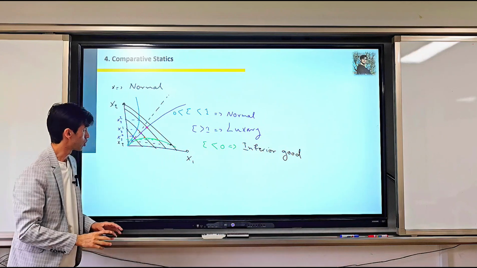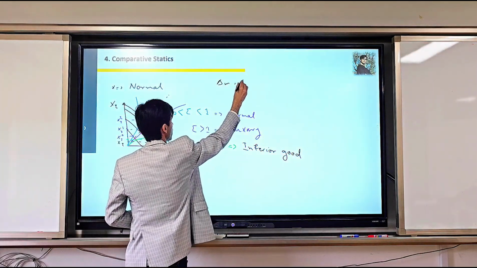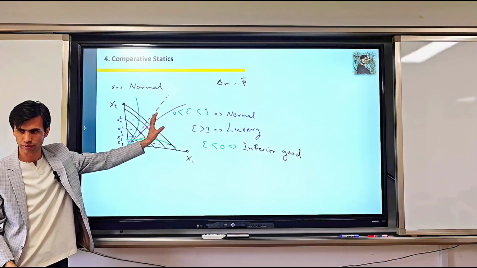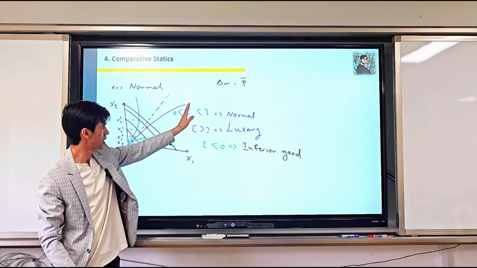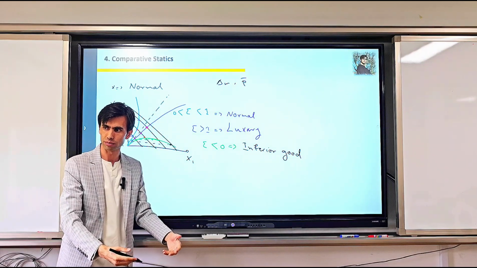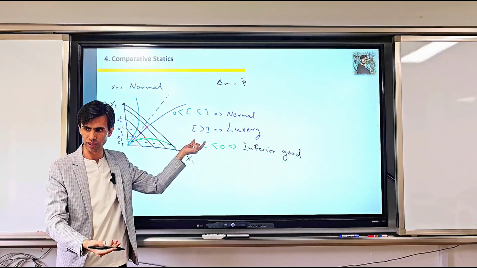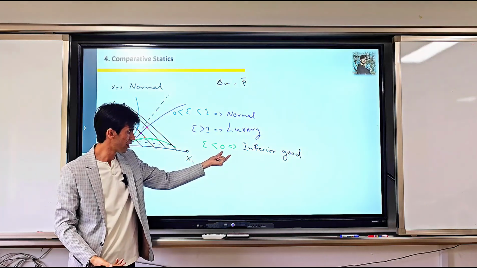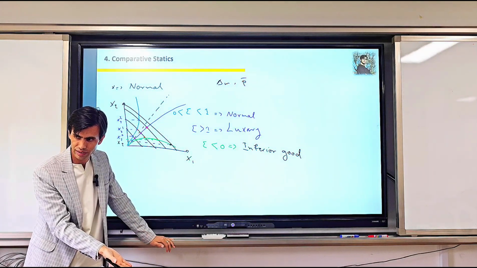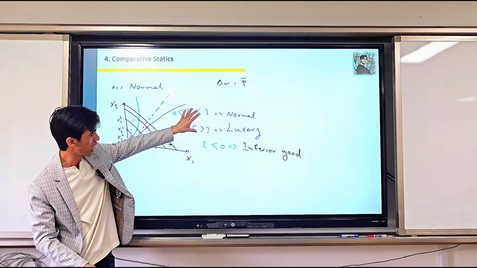So in case of income effect, when the income changes and the price is fixed, different goods have different directions. For the normal good, where the elasticity is less than 1 and greater than 0, the demand increases, but not so much. In case of luxury, the demand increases more than the increase in income level. But in case of inferior good, even if the income increases, the demand for that good decreases. So this is the income effect. In the first two cases, we have positive income effect.